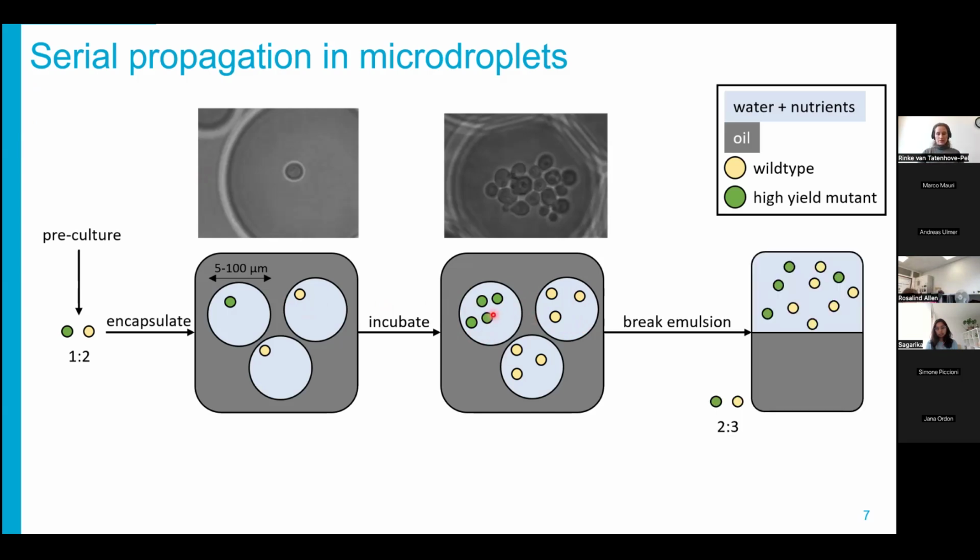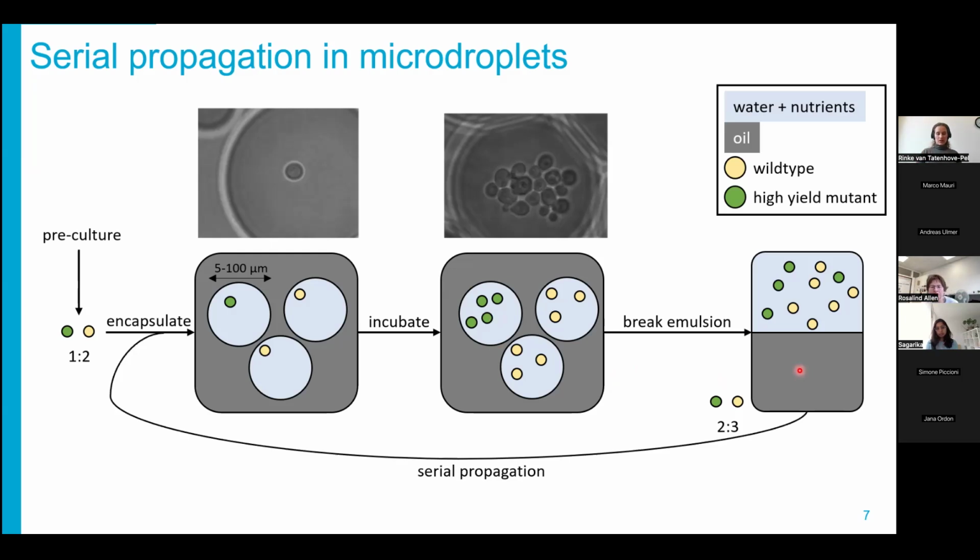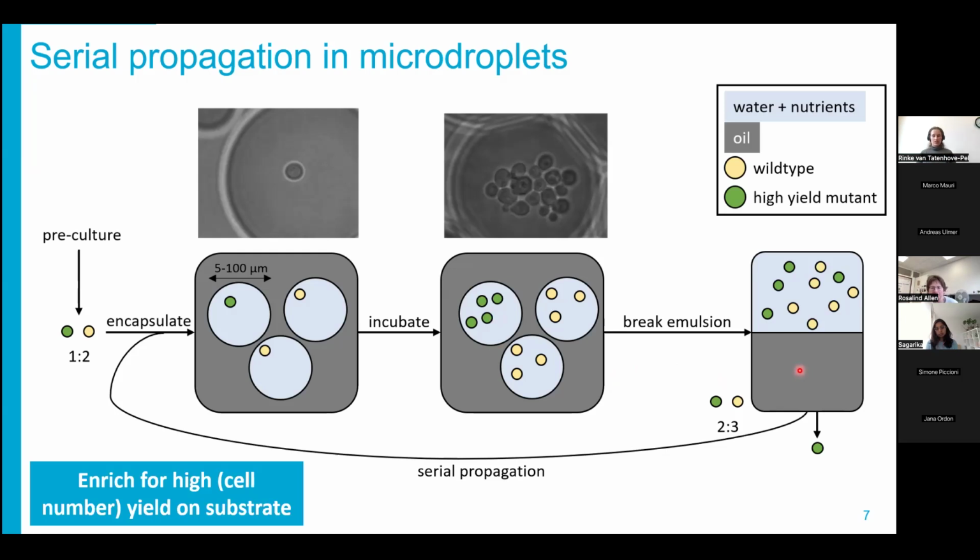So what will happen if we propagate the system? We break the emulsion. That means we separate again the water and the oil phase. We have a water phase with our wild type and our mutants in there, which is now enriched for these high yield mutants. And we have an oil phase. And if we repeat this several times, again serial propagation, we enrich for the cell that actually has a high cell number yield on substrate.